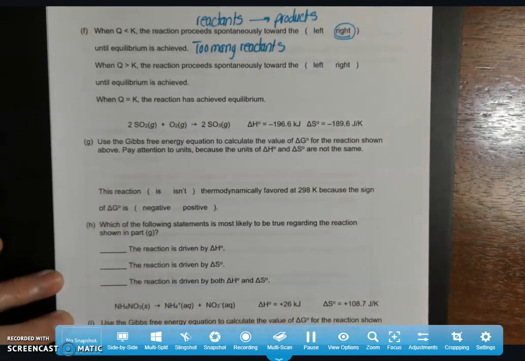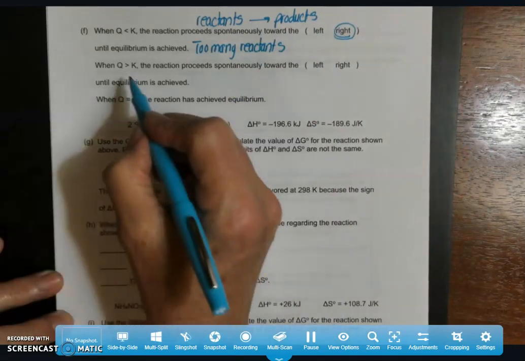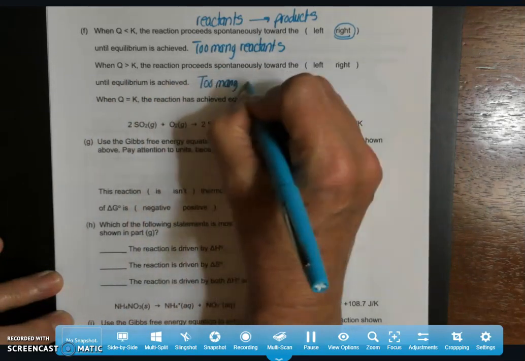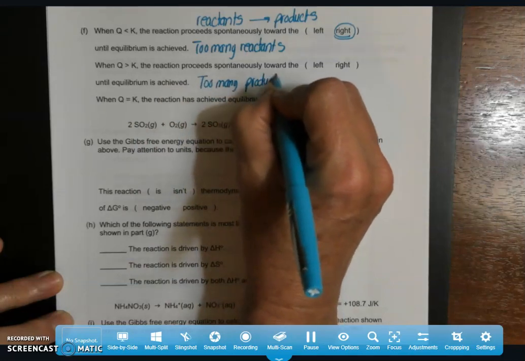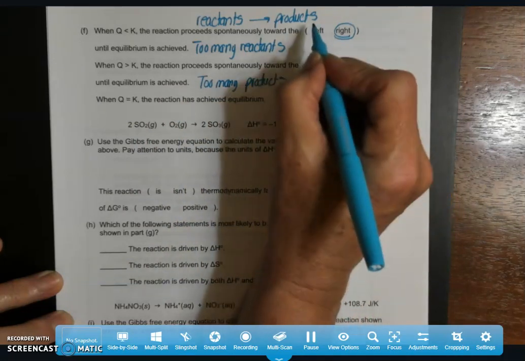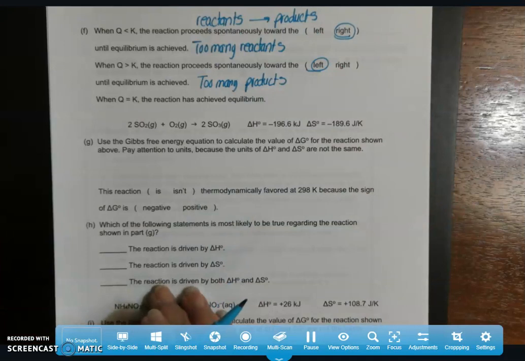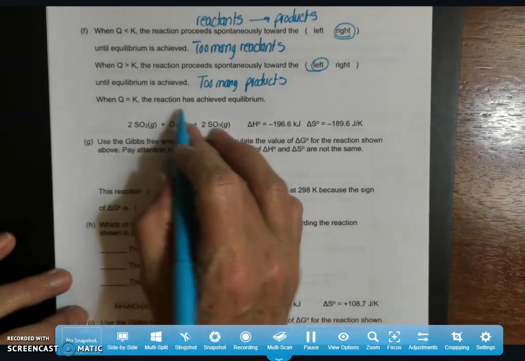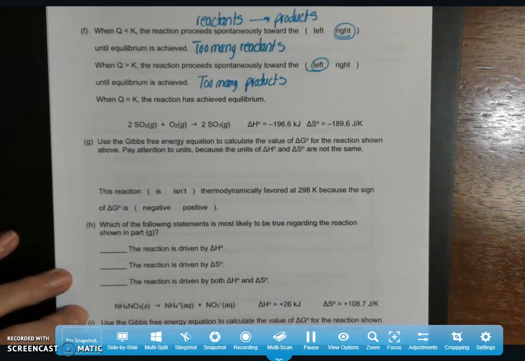It's going to shift to the right. If Q is greater than K, I have too many products, so my reaction is going to shift this way to make less of them until it has reached equilibrium. If Q is equal to K, the reaction has achieved equilibrium.